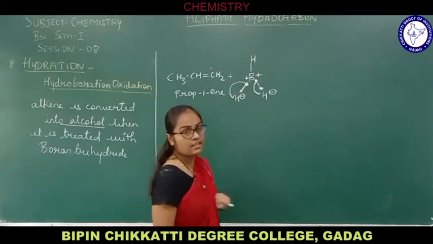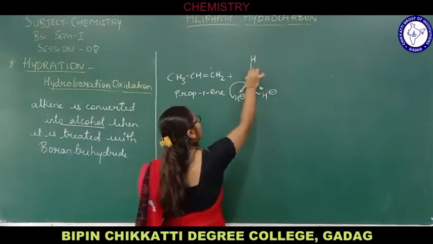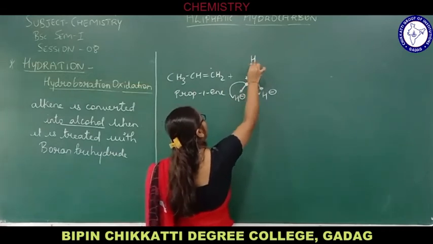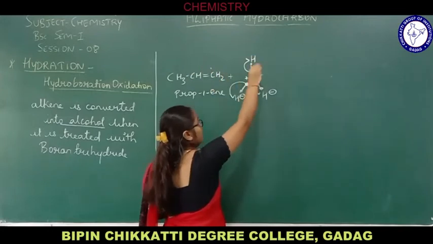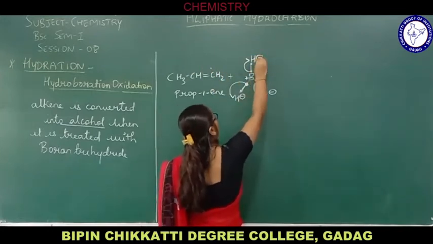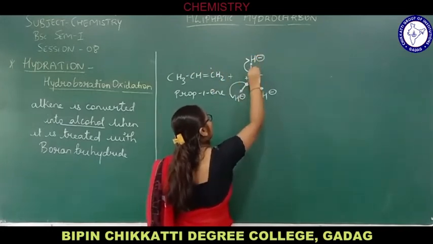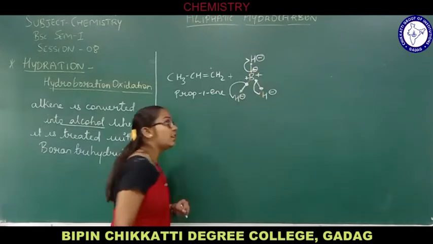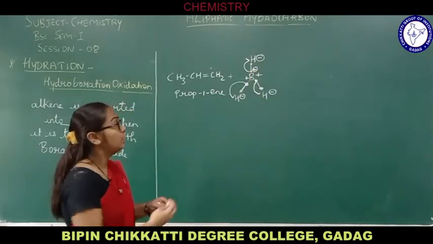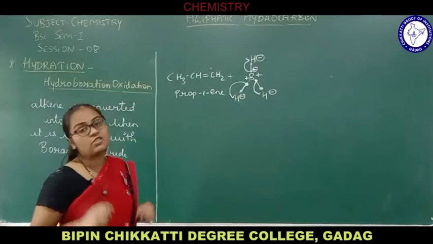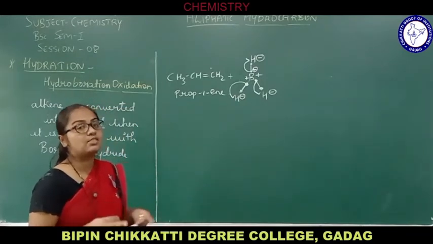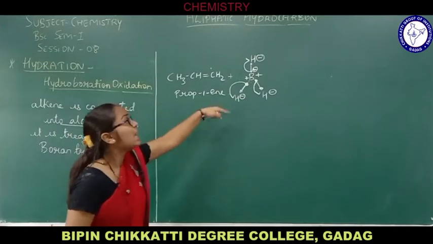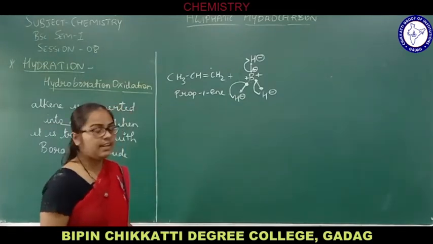Similarly with the third hydrogen, the boron's electron will get donated towards this hydrogen, and the hydrogen will acquire a negative charge and boron a positive charge. So this is how the partial distribution of charges takes place between the boron and the three hydrogens, right?